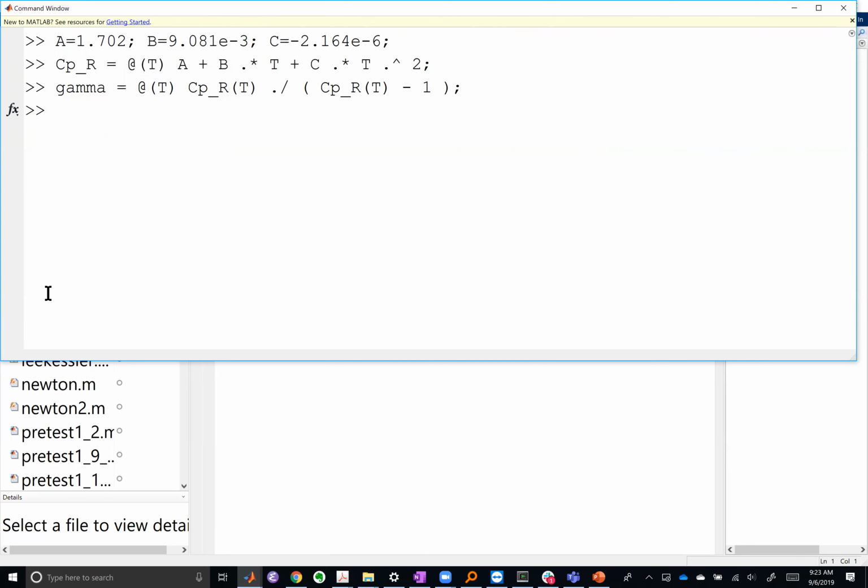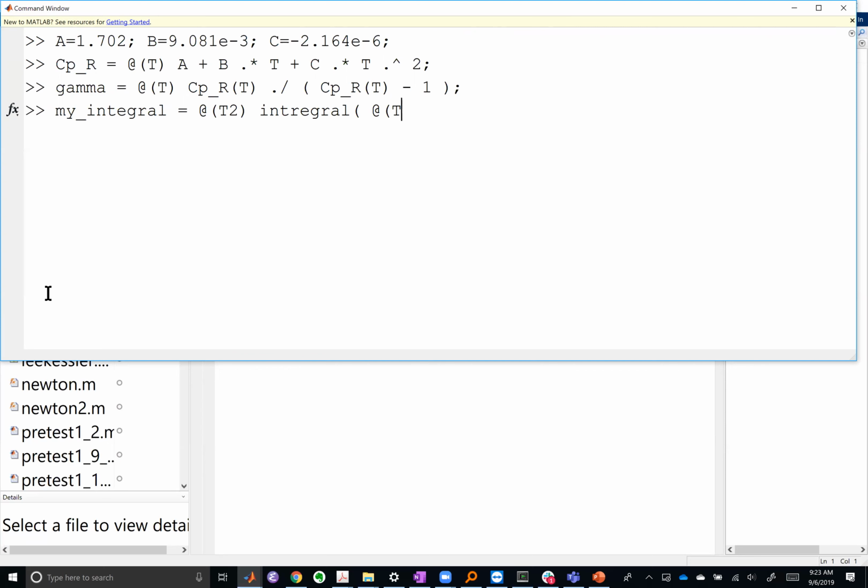All right, so now that I've got gamma, the next thing I want to do is make something that can take a guess temperature for T2 and evaluate the numerical integral for me. So that's going to be yet another function handle. So my integral, we're going to be taking a guess for T2, and that's simply going to use the MATLAB numerical integrator, a function called integral.